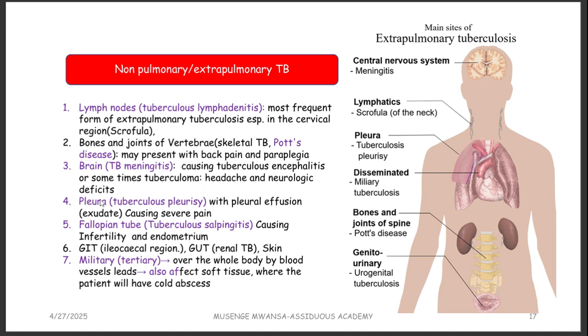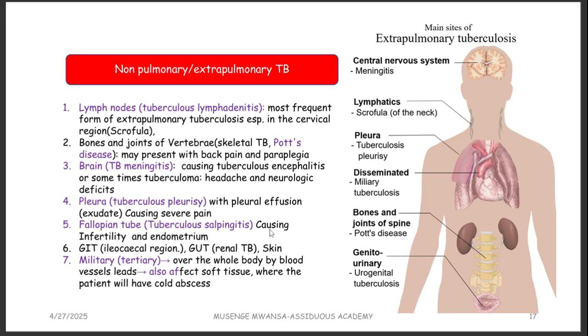Pleura can also be affected, like tuberculous pleurisy. So there can be pleural effusion, specifically something that is going to be exudate because TB is an infection. We'll discuss pleural effusion. It is one of the high yield topics in pulmonary that we need to know.